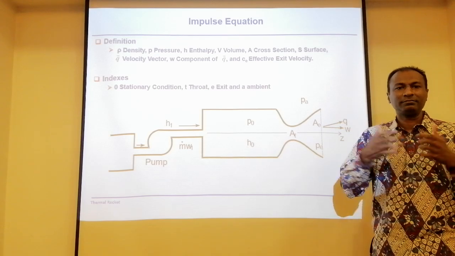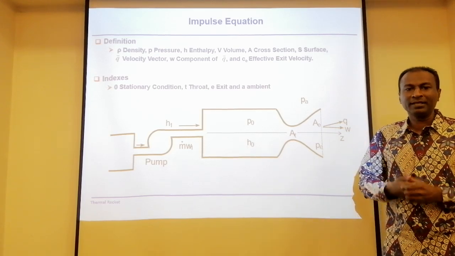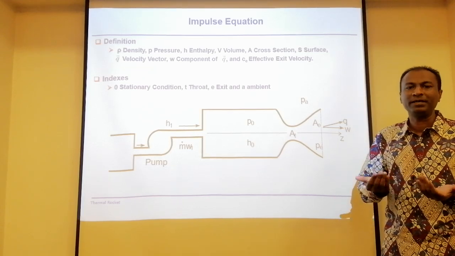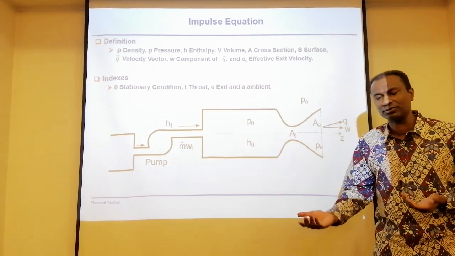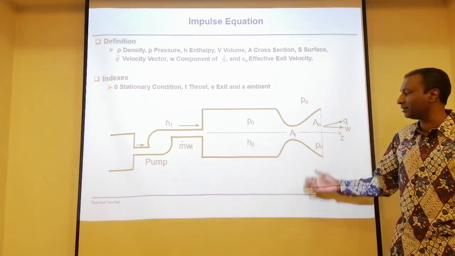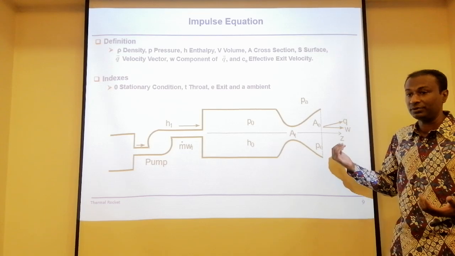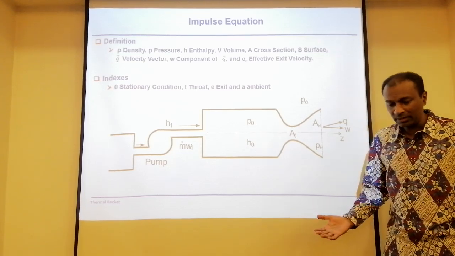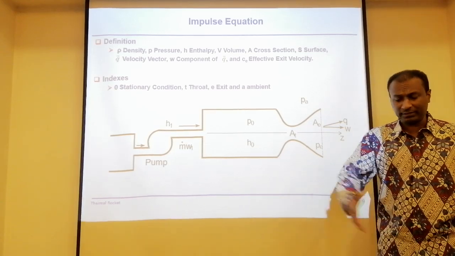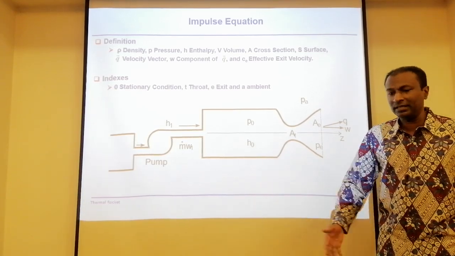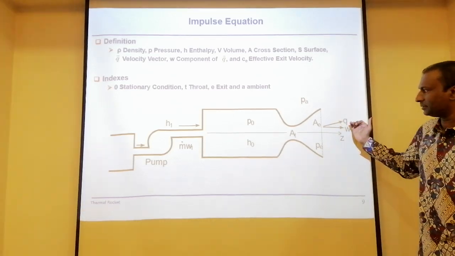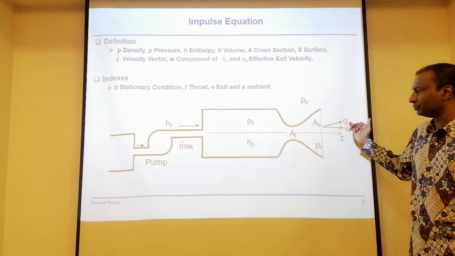But in real application, the measured WE will differ from the effective exit velocity, because WE is measured in the terrestrial environment, in the lab, in the manufacturing plant, etc. So that is the important item you need to remember.